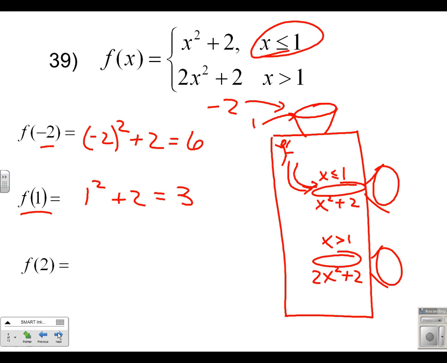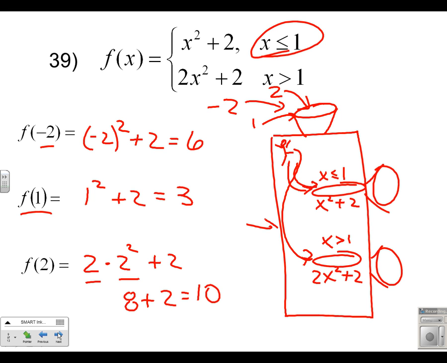But when 2 goes into this factory, the elf says, well, 2, you are bigger than 1. We're sending you down here where the bigger than 1 numbers go. And we get 2 times 2 squared plus 2, or 2 times 4, 8, plus 2, 10. And this again is called a piecewise function, where we break things into pieces.